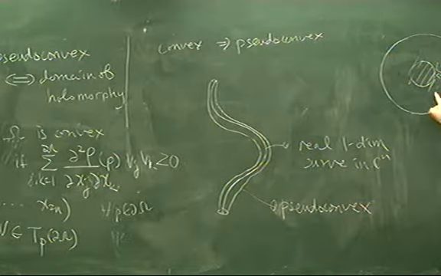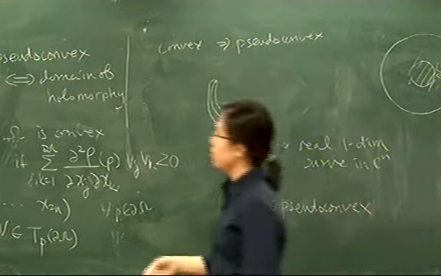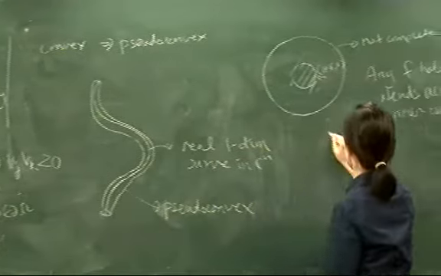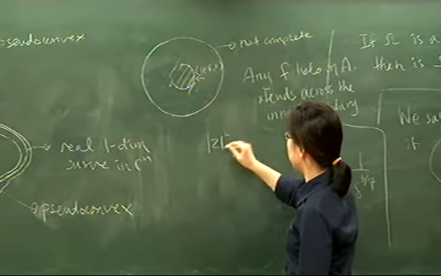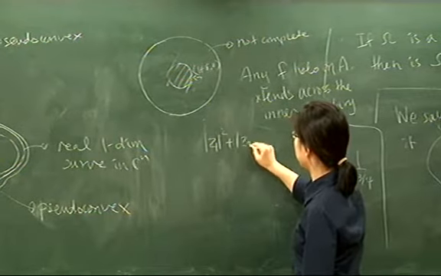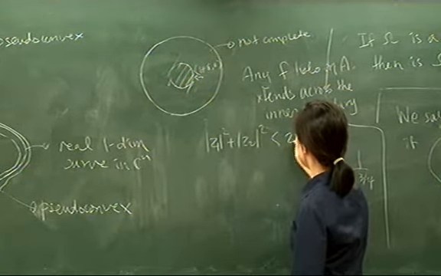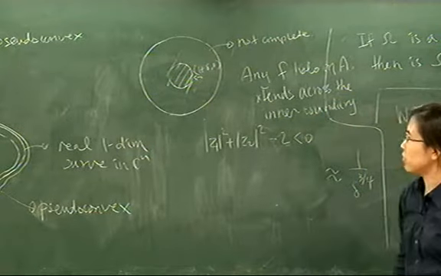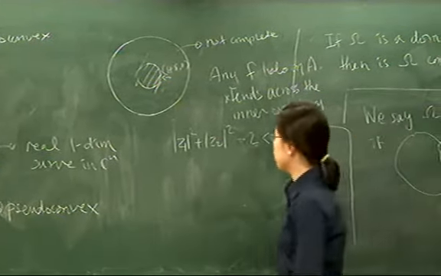So if you look at this domain, the defining function of the outer boundary is defined as mod z1 squared plus mod z2 squared minus 2 less than 0. When you take the complex Hessian, it is obviously positive.